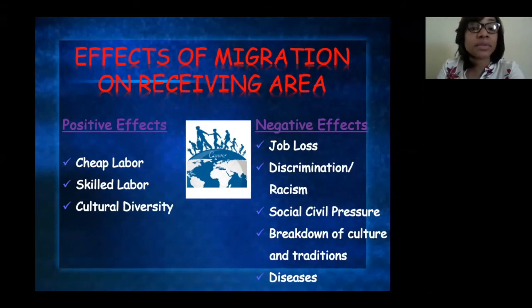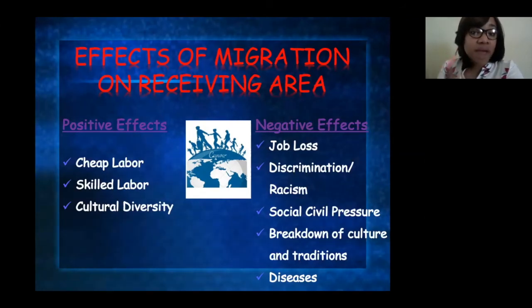So these are some of the different cultures that have culturally influenced us in the Bahamas. Okay, but attached to these cultural diversities, these people also are heavily impacted by discrimination and racism. And we are pretty aware of some of these same discrimination and racism that actually happened here in this country. Okay?